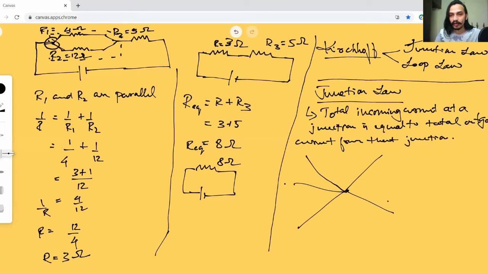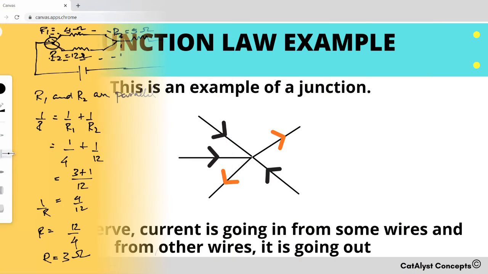I have drawn a junction with 5 different conductors. Now we know that each conductor is going to be carrying a certain amount of current with it. Say that this one is carrying current like this. I will call them I1, I2, and this one I'll say outward I3, this one is I4, and I will call this one I5.